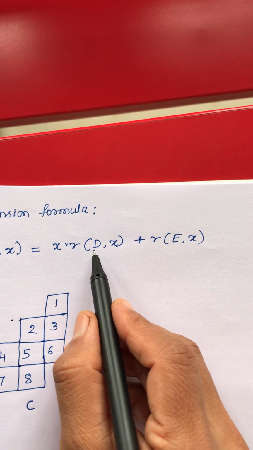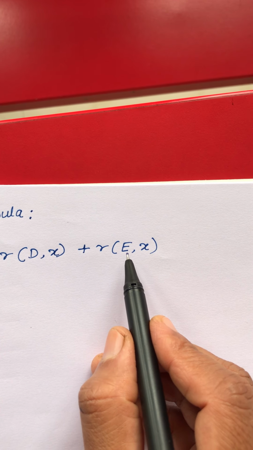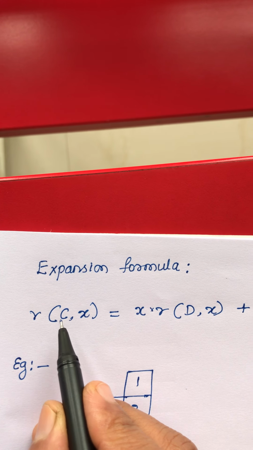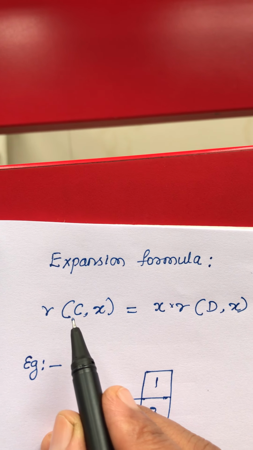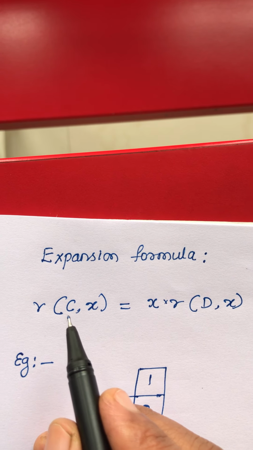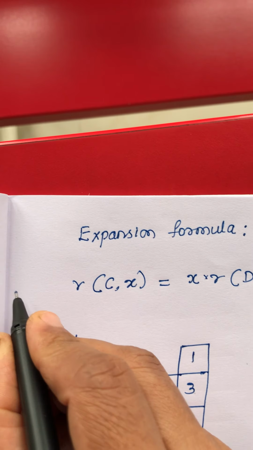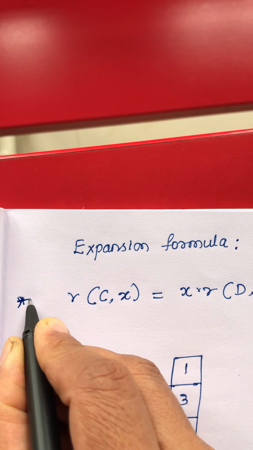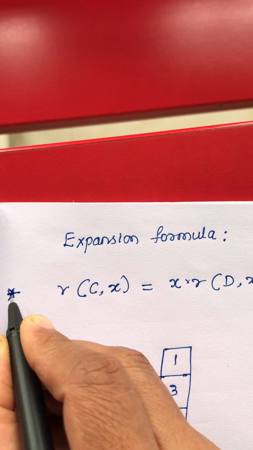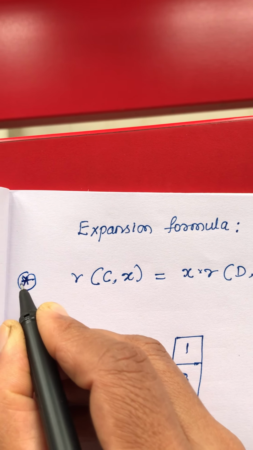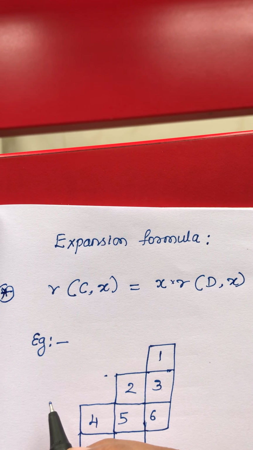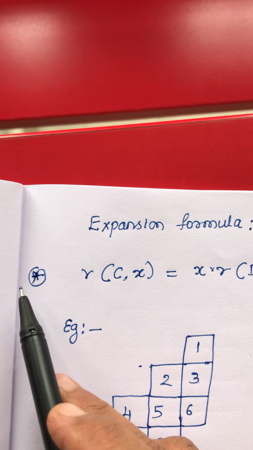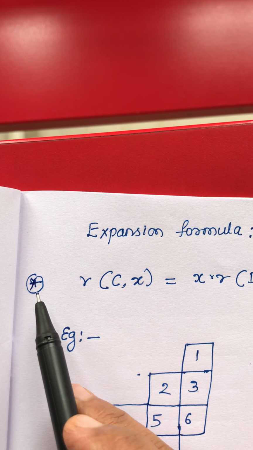So what is this board D and what is the board E? That we will see now. When we have a board C, in the board C let us mark any one of the squares as star. That means we are choosing any one particular square. After marking it as star, delete the row and the column containing the star square from the board.